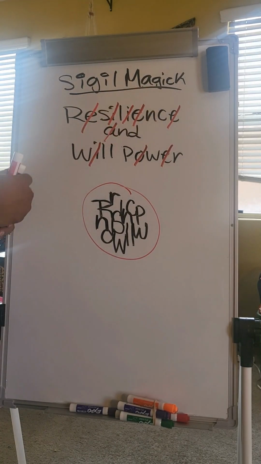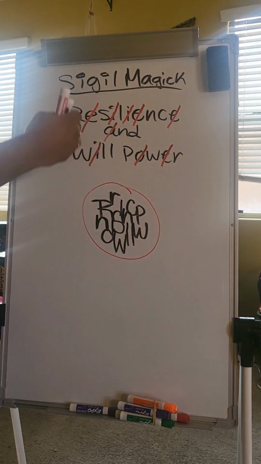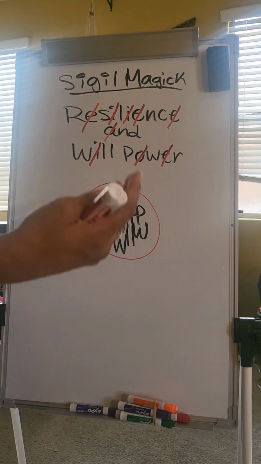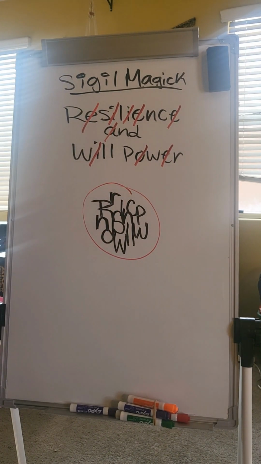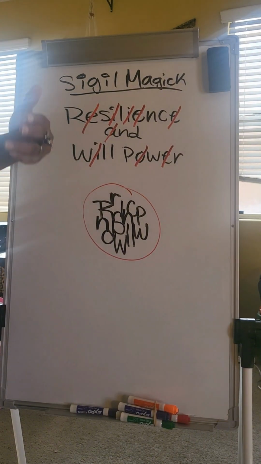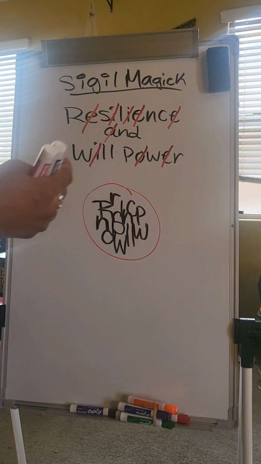And we take the word resilience and willpower, what would that mean to somebody? Resilience is you being able to constantly bounce back from something that is trying to take away your willpower to move forward. And you're able to bounce back after being knocked down.